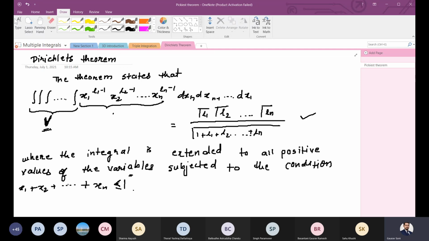So, in which examples can you use Dirichlet's theorem? The first one, where the integrand is the product of the variables and you have some power. Second, the volume over which you are integrating, in that volume all the variables are positive, and if you add the components at any point, then that summation is less than or equal to 1.